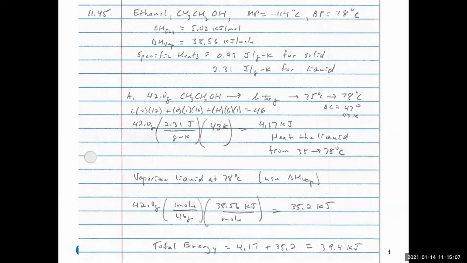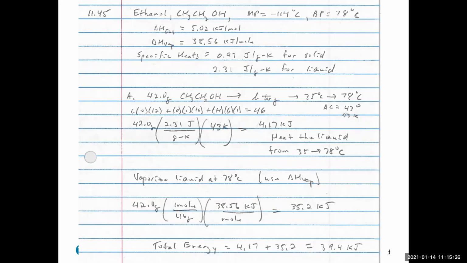Then it tells us that the enthalpy of fusion of ethanol is 5.02 kilojoules per mole. And the enthalpy of vaporization is 38.56 kilojoules per mole.